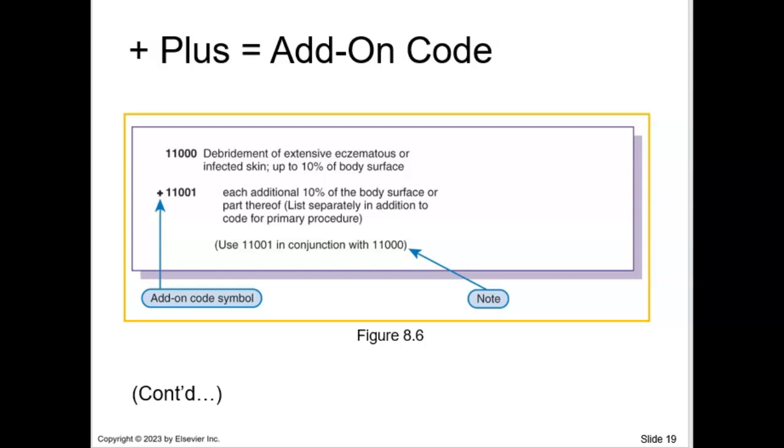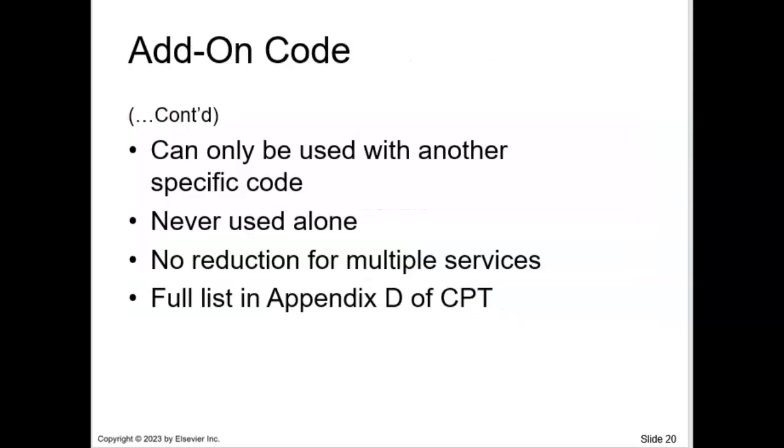It says use 11001 in conjunction with 11000. So you have to use both codes. Okay, they can only be used with another specific code, never alone, no reduction for multiple service, and there is a full list in your Appendix D of your CPT book.